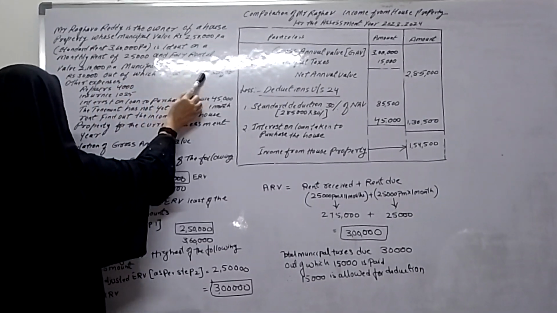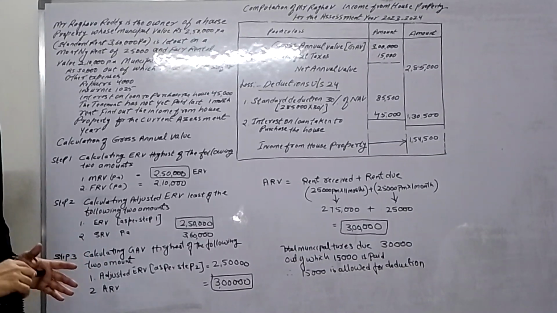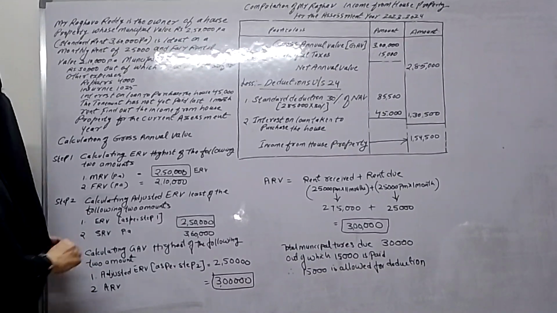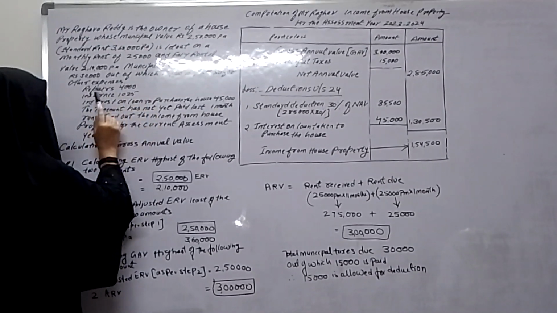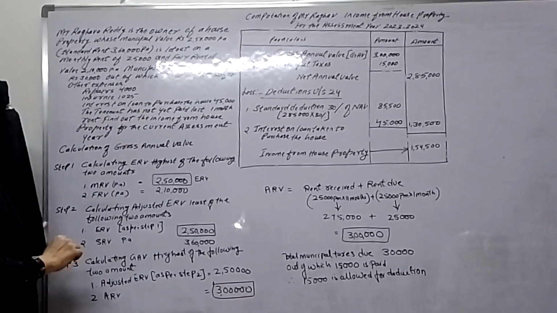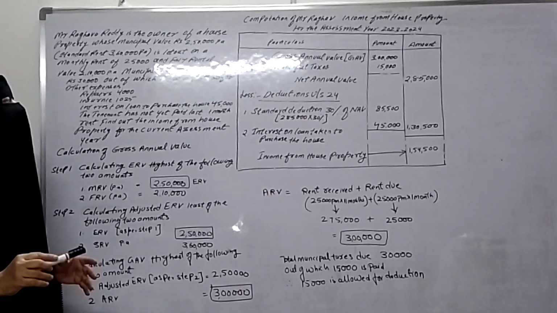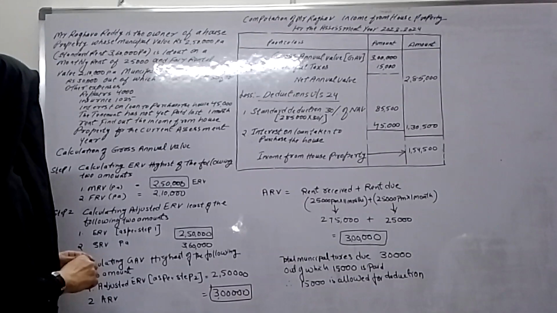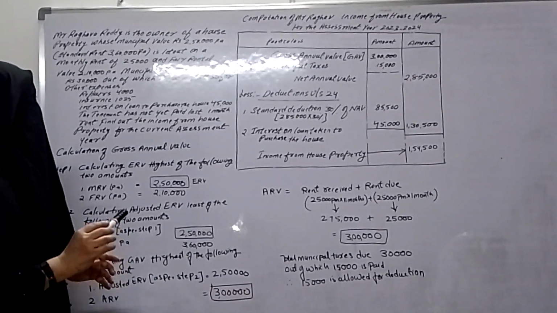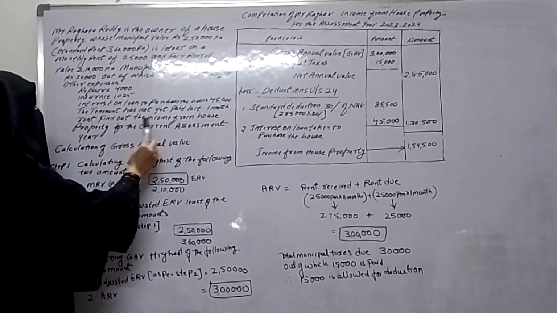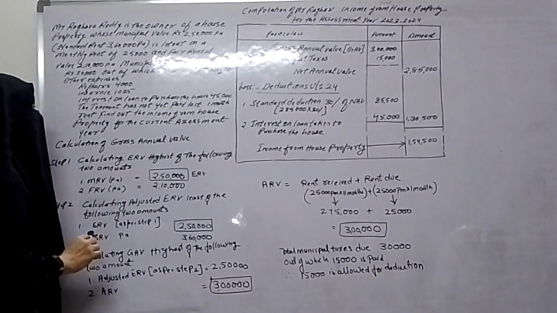Municipal taxes due rupees 30,000, out of which 15,000 is paid so far. Other expenses are repairs 4,000, insurance 1,025, interest on loan to purchase the house 45,000. The tenant has not yet paid the last 1 month rent. Find the income from house property for the current assessment year.